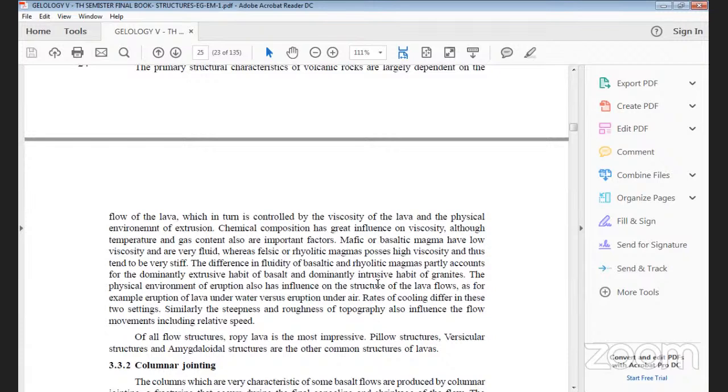Then, if we want to see the differentiation between the fluid basalt and the rhyolitic magmas, partly this accounts for the dominantly extrusive habit of basalt and the dominantly intrusive habit of granites. So the physical environment sometimes influences the eruption, and it also influences the lava when it comes to the surface and flows on the surface.